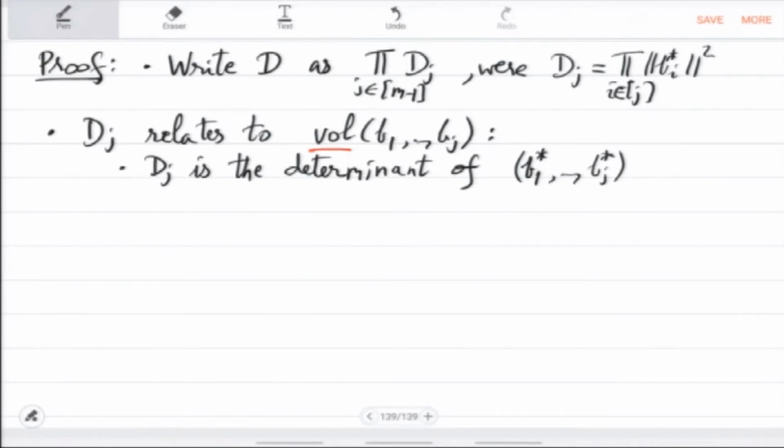So this is a sequence of column vectors. Transpose it so they become rows, multiply it with this.